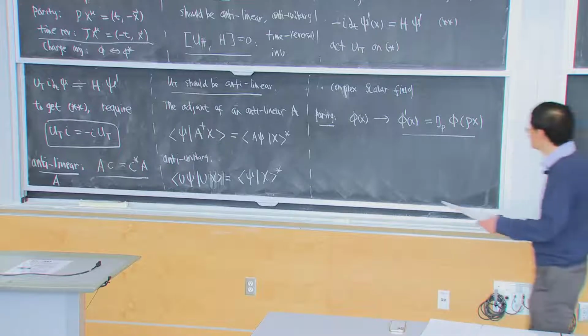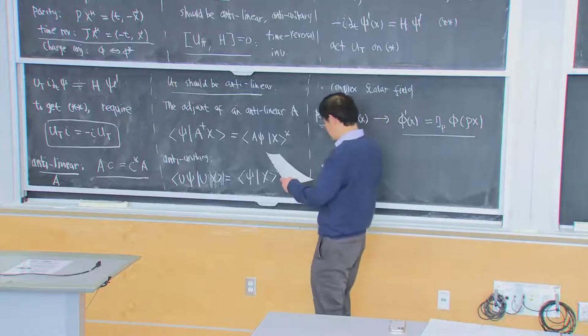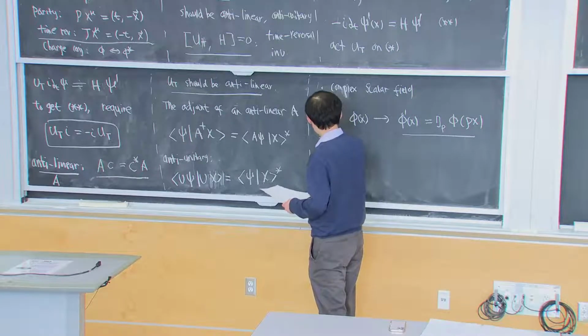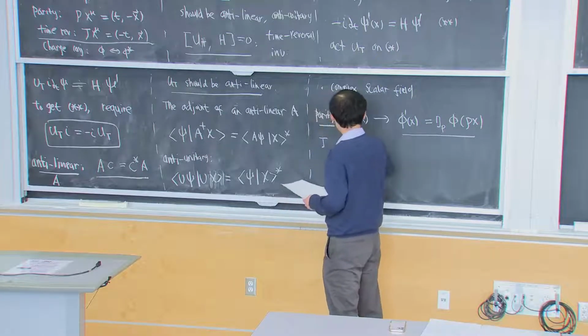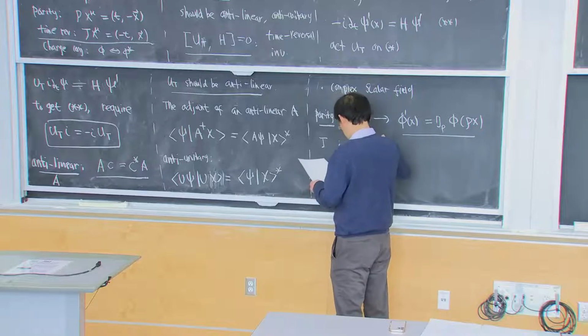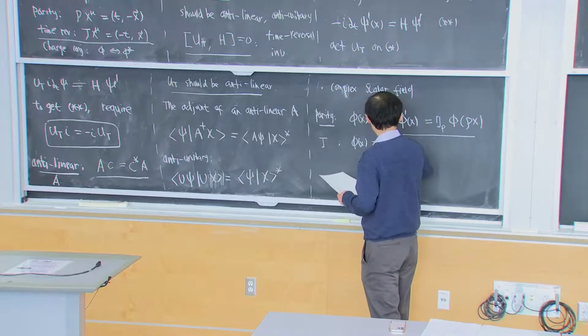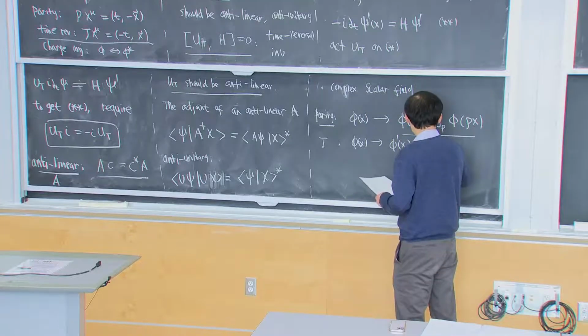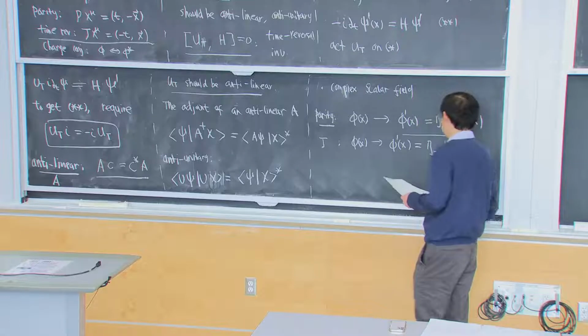Okay, and so this is P and this is T, corresponding to phi(x) going to some phi prime(x) equal to, again, some phase, say eta_T phi(x).